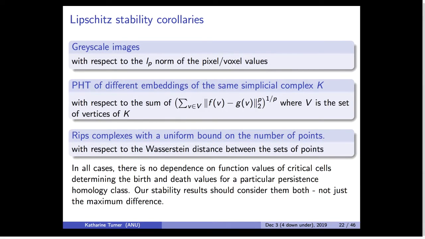So you can massage it to a bunch of different applications, which is kind of useful. And arguably in all of these cases, you're wanting the WPP rather than the WP infinity, because it's sort of the strongest version of stability that you can get.